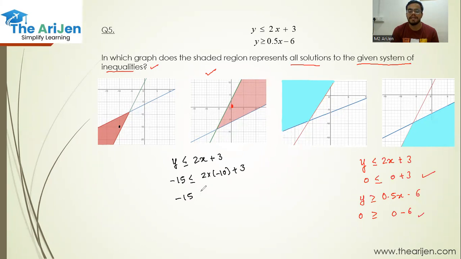So minus 15 minus 20 plus 3, minus 15. Here you have what? Minus 17, right? Is minus 15 greater than that? No, it's not. That means this option is negative, right? So this is how you can eliminate the choices.